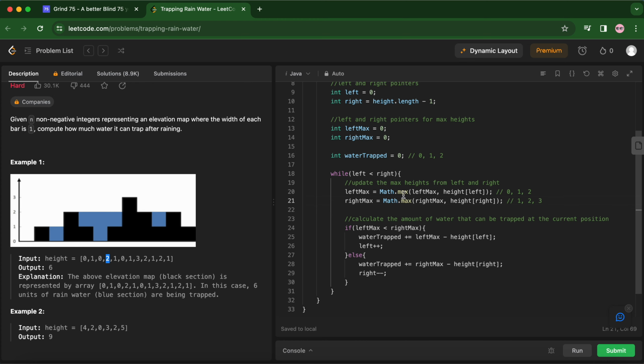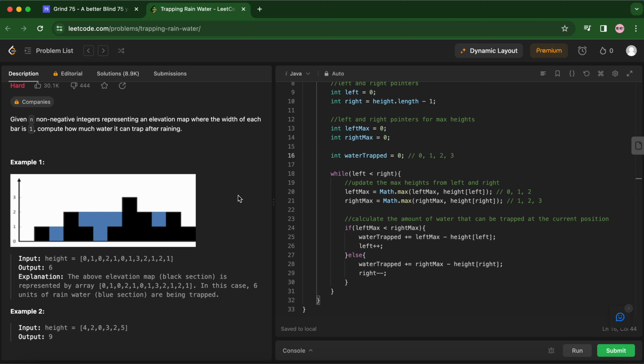Now left max will remain same, 2, right max will remain same, 3. Left max less than right max, yes, water trapped would be left max, that is 2, minus height of left. Height of left is, in this case, 1. So 1 will get added to overall water trapped. So it will become 3, left plus plus, left will come to this part.